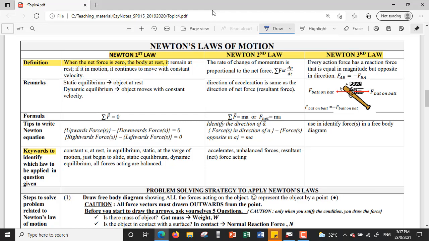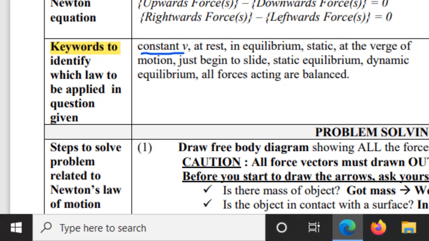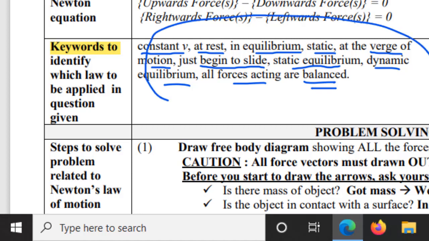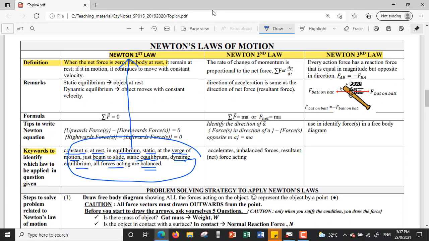If there are the words constant velocity, at rest, in equilibrium, static, at the verge of motion, just begin to slide, about to move but not yet moving, static equilibrium, dynamic equilibrium, forces are balanced, then you know you need to apply Newton's first law.